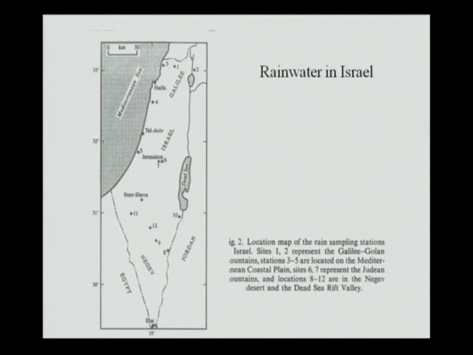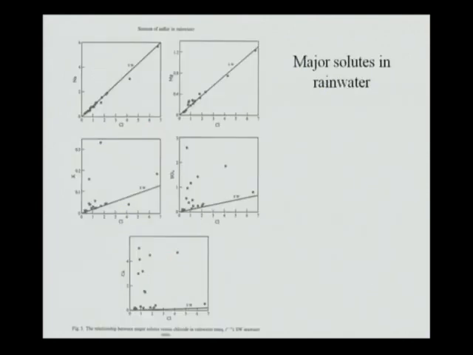So the rain was collected throughout the country, from the north, on the coastal plain, Jerusalem, Negev, and the chemical analysis shows good relation between sodium and chloride, magnesium, all fall nicely on the expected line. Seawater concentration.